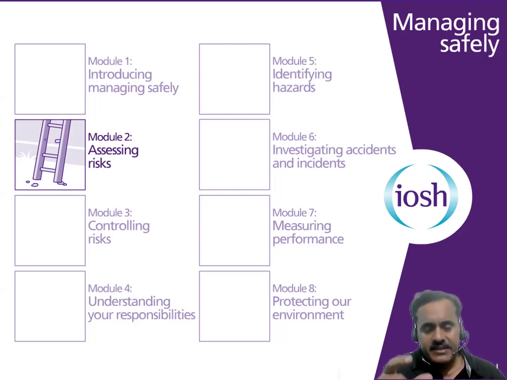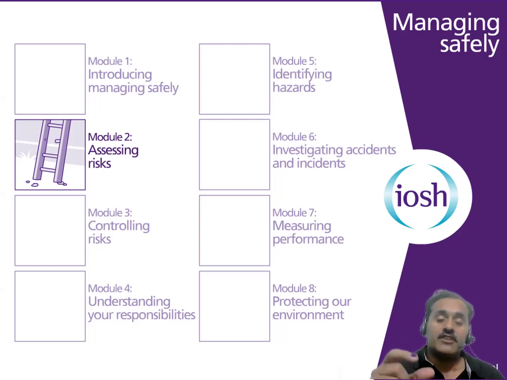And if the rating level is from 17 to 25, then we will say this is major, because if the rating is 17 to 25, then in this case likelihood is minimum 4 and consequences are also minimum 4 or 5. So this is basically the classification, or prioritizing, of which one is major, which one is medium, and which one is minor.